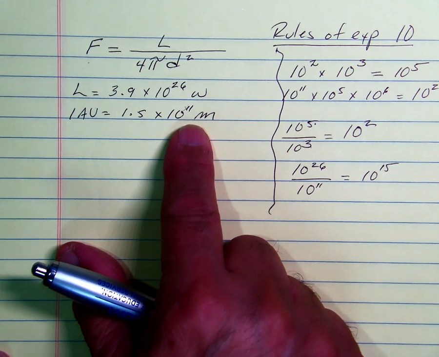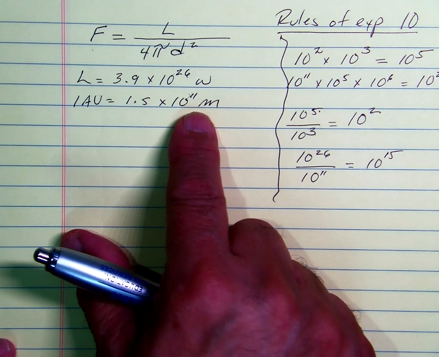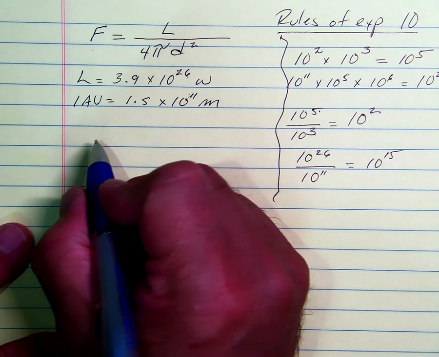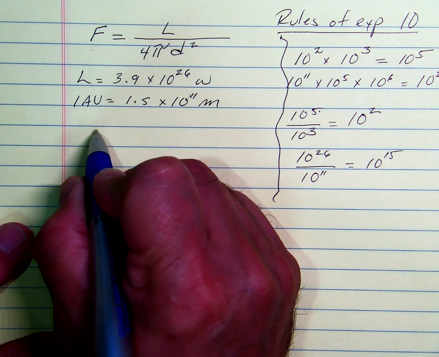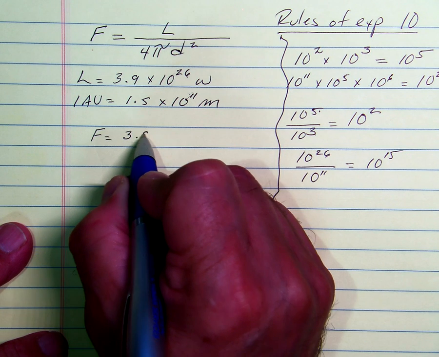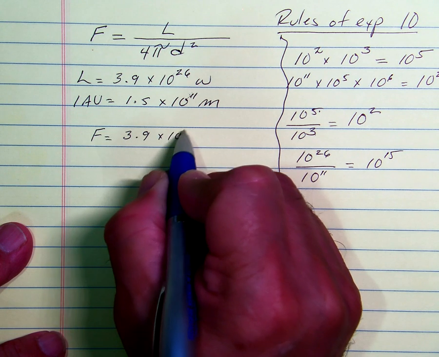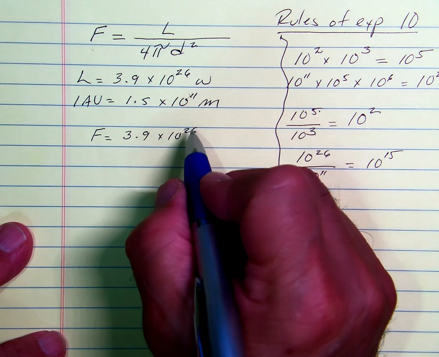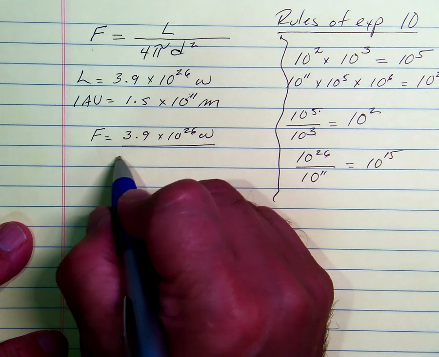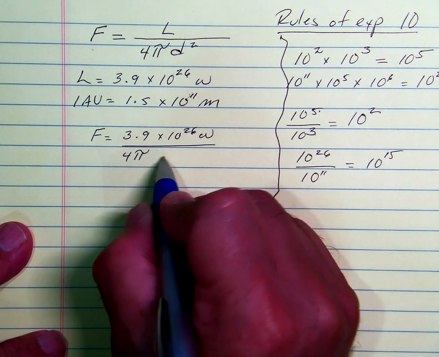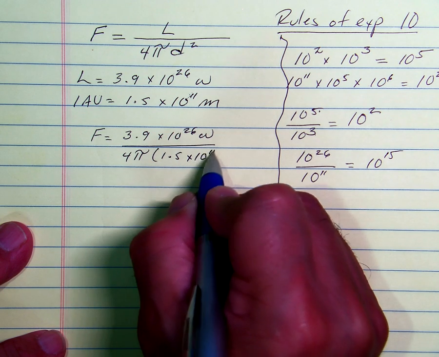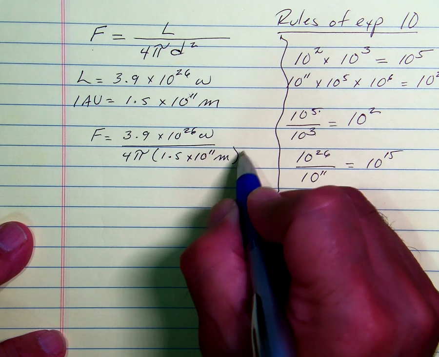This is where the arithmetic comes in and frustrates some kids. So let's go through this straightforwardly. The flux is equal to 3.9 times 10 to the 26 watts divided by 4 pi times 1.5 times 10 to the 11 meters, the whole thing squared.